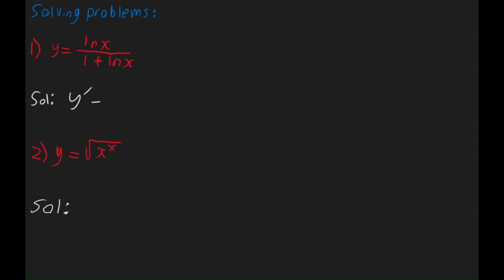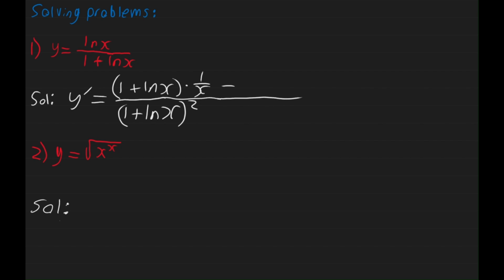We're going to say y dash is equal to 1 plus ln x all power 2 with the denominator, and the numerator multiplied by the derivative of the numerator, minus the denominator multiplied by the derivative of the denominator, which is also 1 over x because 1 is 0. You can remove this, and just 1 will remain.